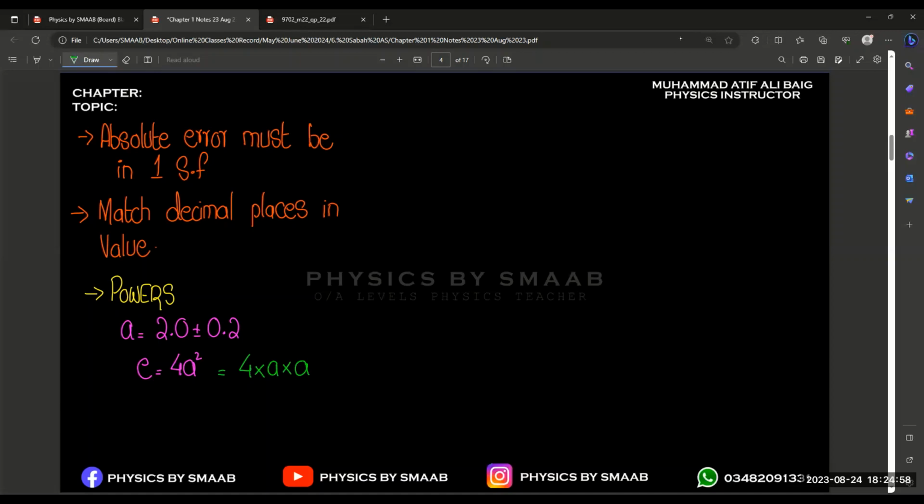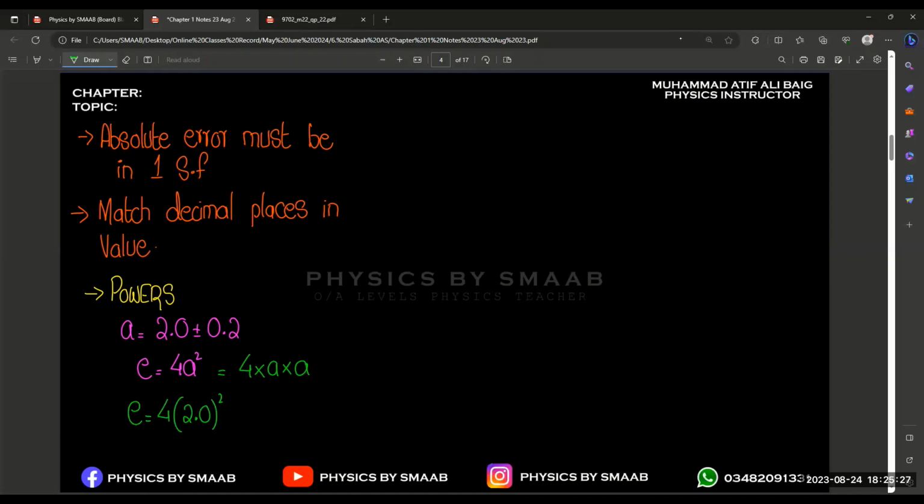And how do we find that? What is the actual value of A? For A, it's going to be 2.0, right? And we are supposed to square it?